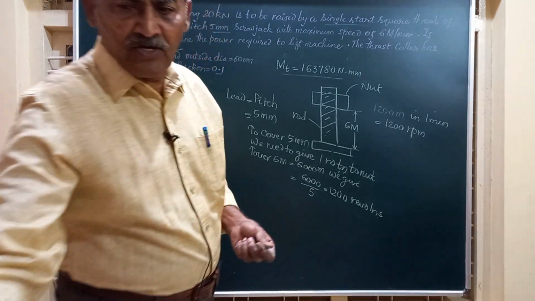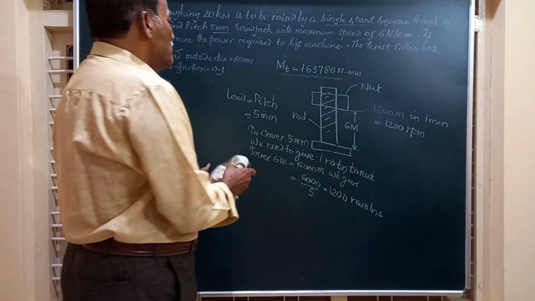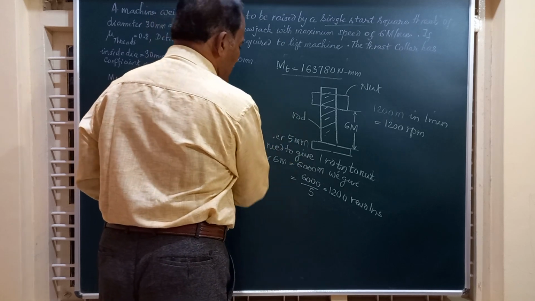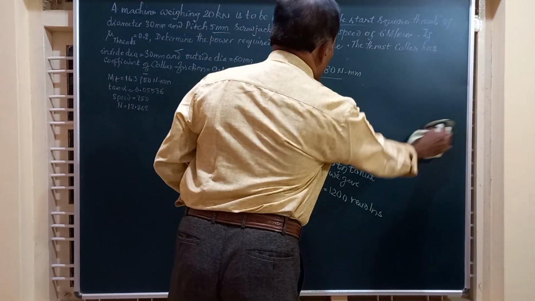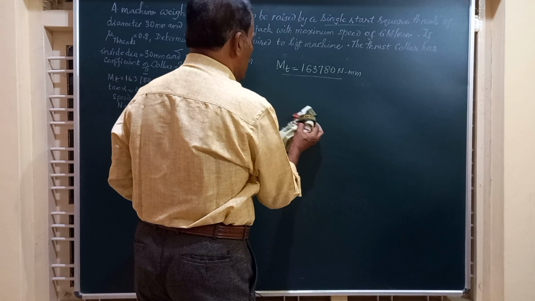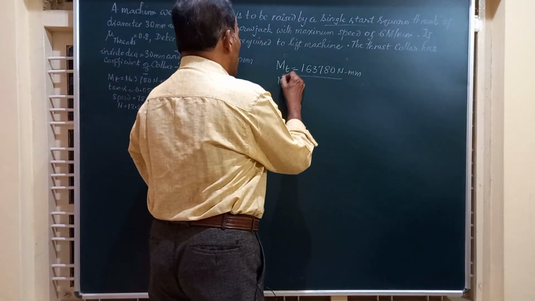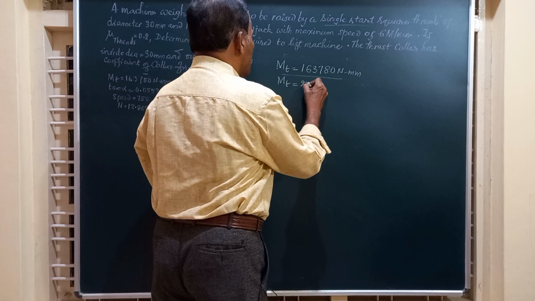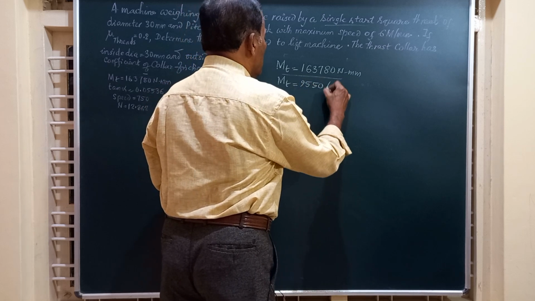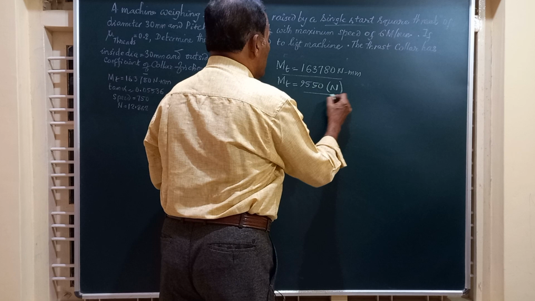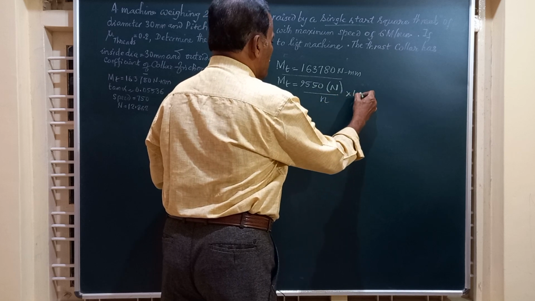And hence friends, using this value, we will substitute in the formula and find out the power requirement to lift this load. Therefore, from this formula, MT is equal to 9550 into capital N divided by small n, into 10 to the power of 3.